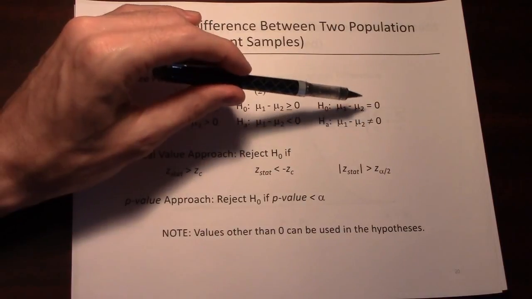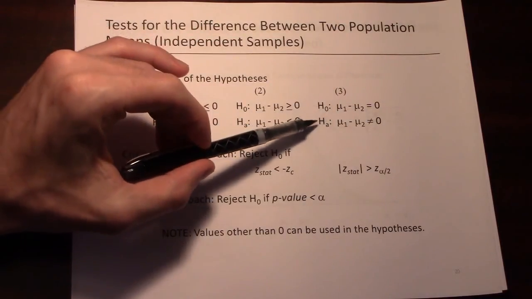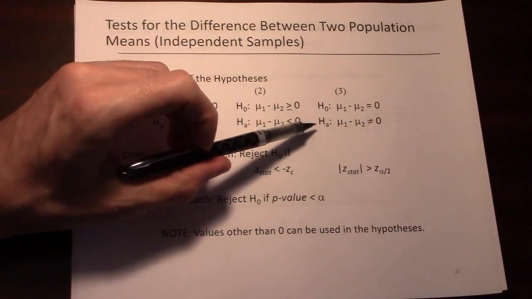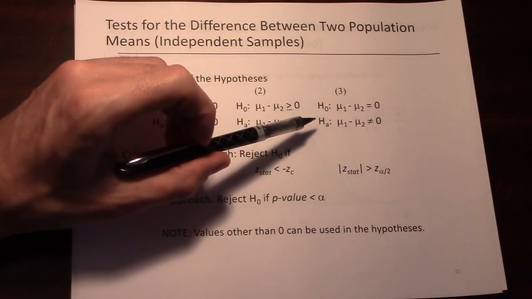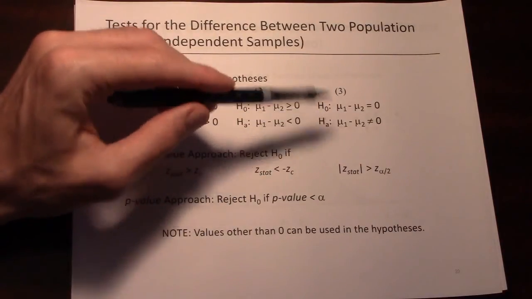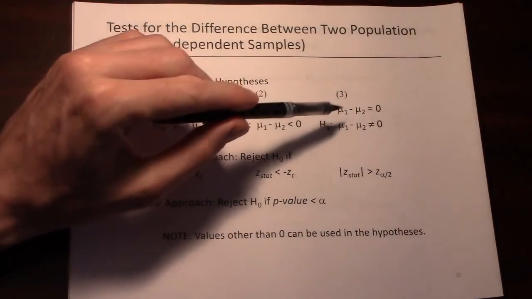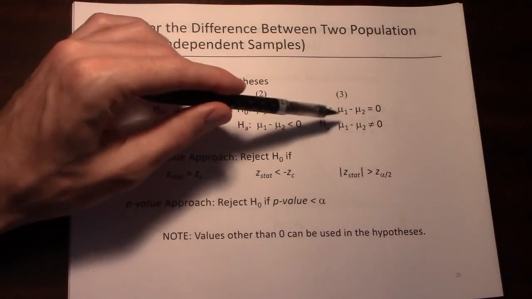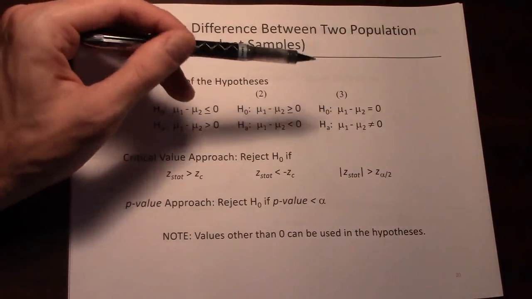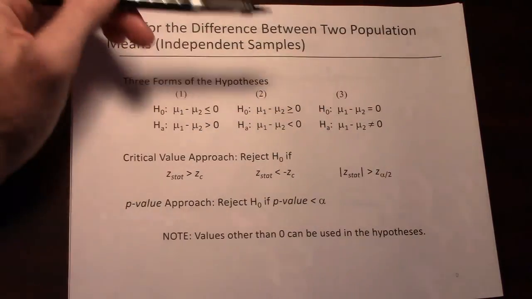We think that's what it is. And we are going to test whether or not we have enough information to reject that difference of 15, suppose. So we will always use 0, and that will just mean 0 difference, no difference. In other words, the population means are the same. But you could put in any number you want.